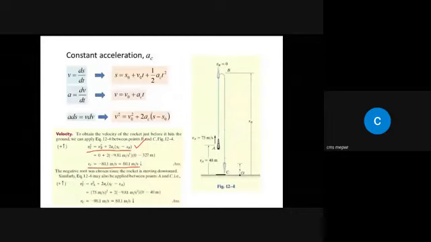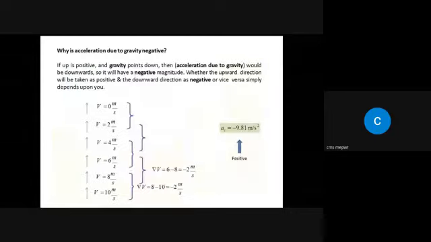Okay, so let's see what we assume over here. Why is acceleration due to gravity negative? What you think? Why is it negative? Because acceleration due to gravity means the pull is towards the earth, right? So when an object moves up, we usually assume the velocity and everything in upward direction is positive, but acceleration due to gravity is downward, so that's why it is negative, right?